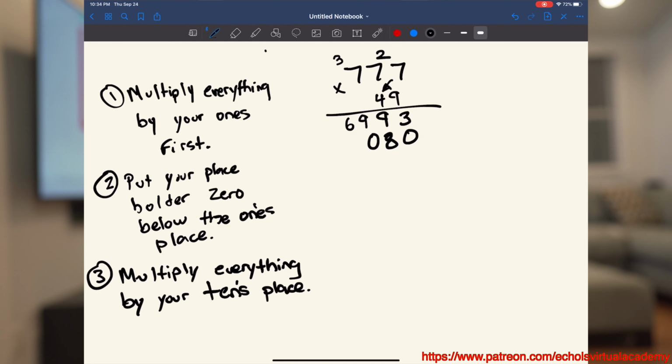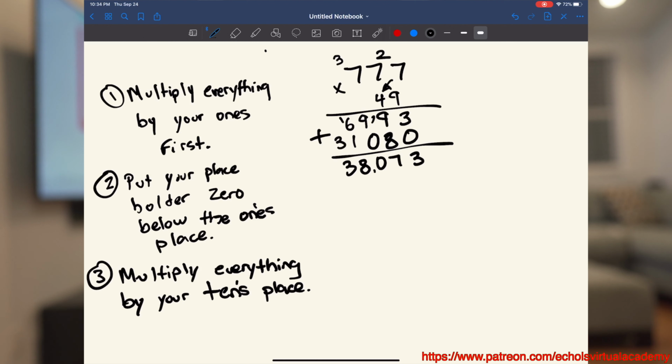And now you add these little babies up. 3 plus 0 is 3. 9 plus 8 is 17. Put your 7 down, carry your 1. 1 plus 9 is 10. Put your 0 down, carry your 1. 1 plus 6 is 7. Plus 1 is 8. And you bring down your 3 because it's not added plus anything.